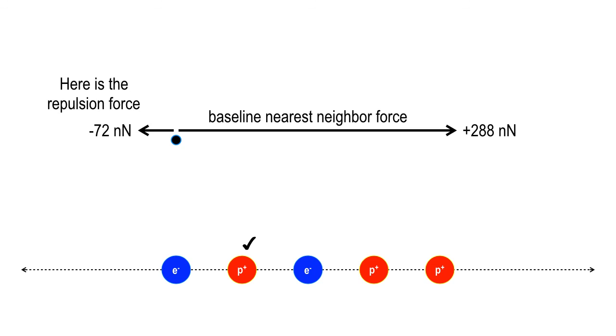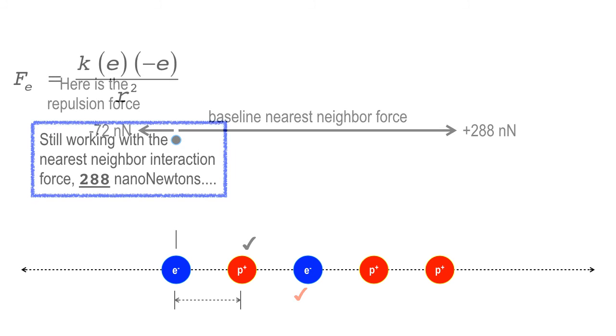And then here's the one we just figured out, the second neighbor interaction, 72, and it's negative because it's pushing my leftmost electron off to the left. It's trying to repel. So there's the first two forces, and we got both of these guys squared away.